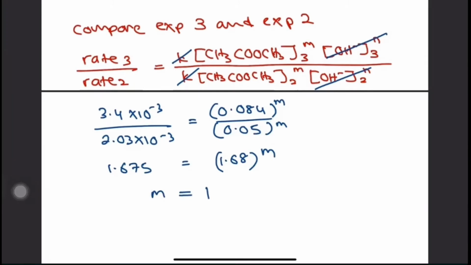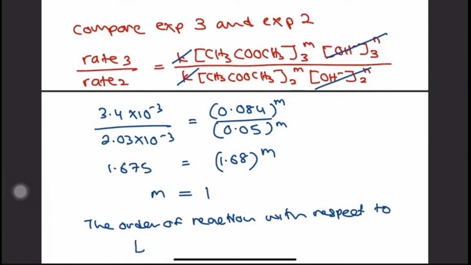So conclude your answers by saying the order of reaction with respect to CH3COOCH3 is first order. Okay, so both of them are first order.